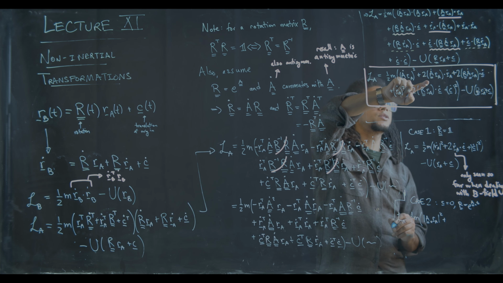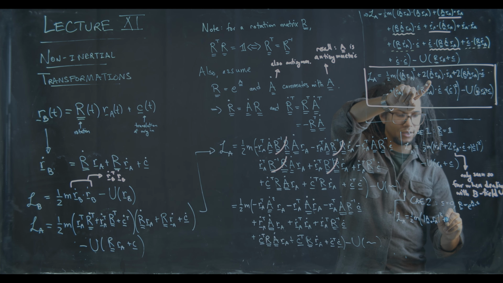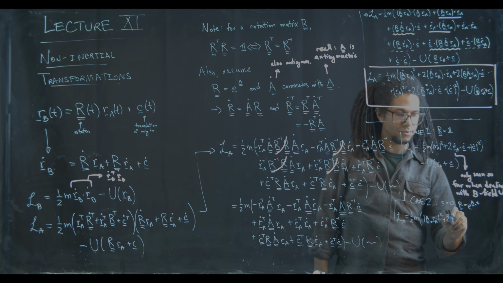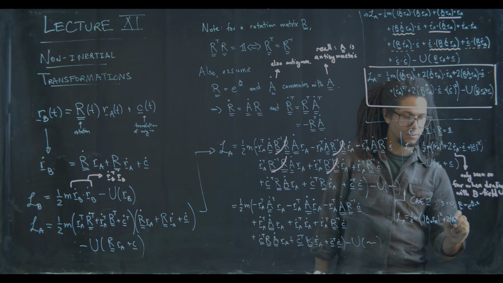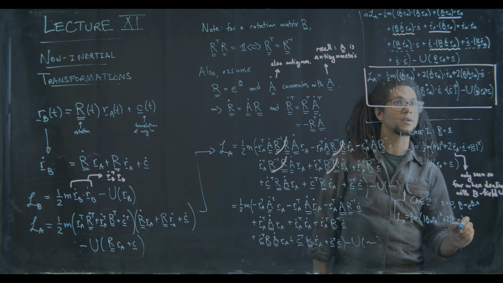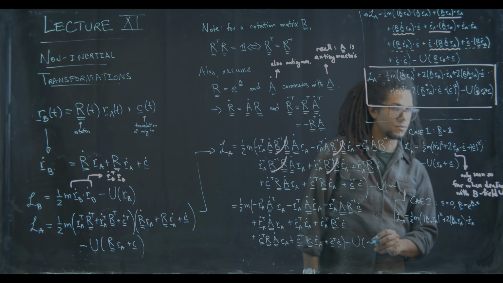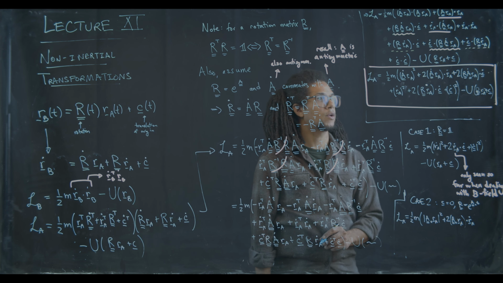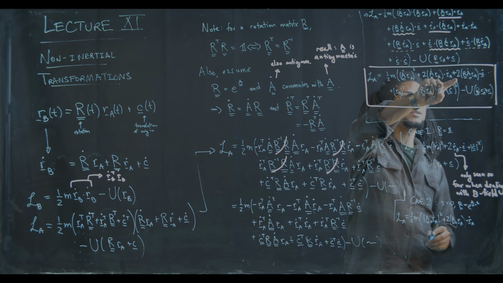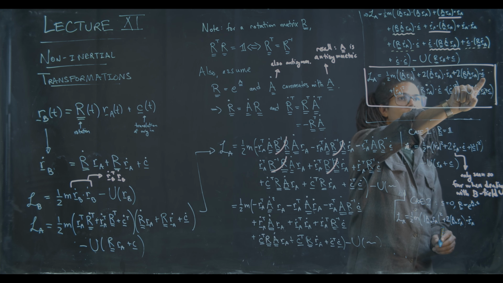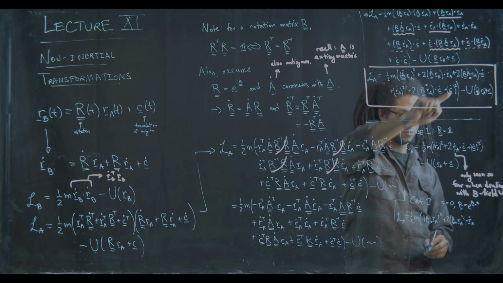plus 2 A naught times RA dot RA dot. Okay, plus, well, this term is 0 since C is 0.